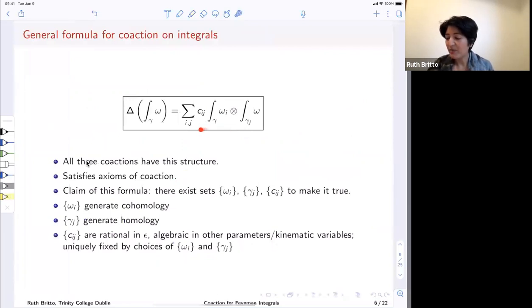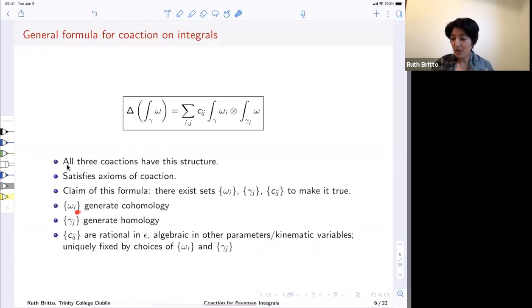this construction satisfies the axioms of a coaction. And the statement really here is that for the cases we're going to look at, there exist some sets of generators of homology or elements of cohomology, homology, and some rational coefficients that will make this formula true.